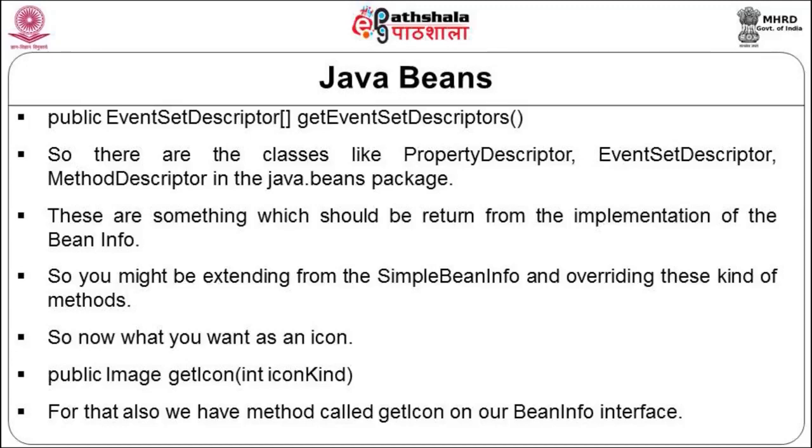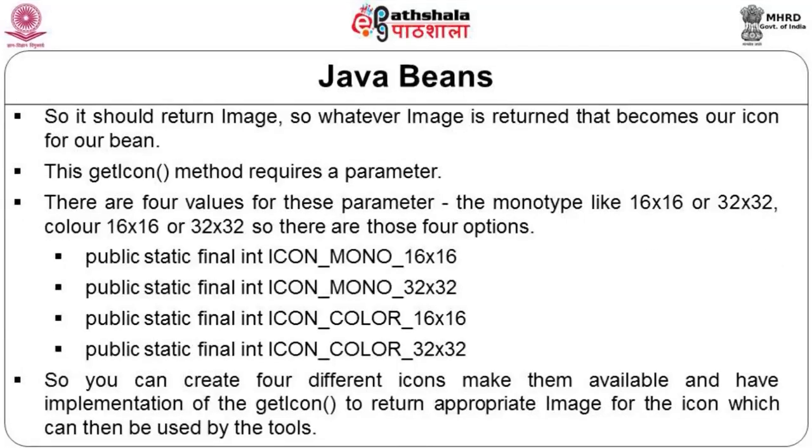This getIcon method requires a parameter with 4 possible values, indicating that the tool requires the icon to be monotype 16 by 16, monotype 32 by 32, color 16 by 16, or color 32 by 32. So you may create 4 different icons, make them available, and have the implementation of getIcon return the appropriate icon, which can then be used by the tools.